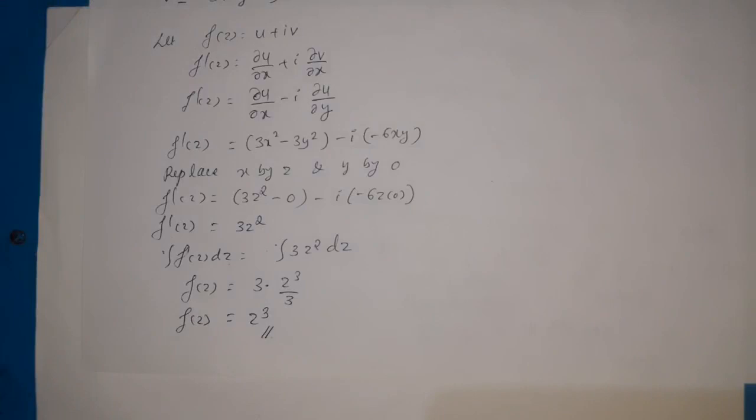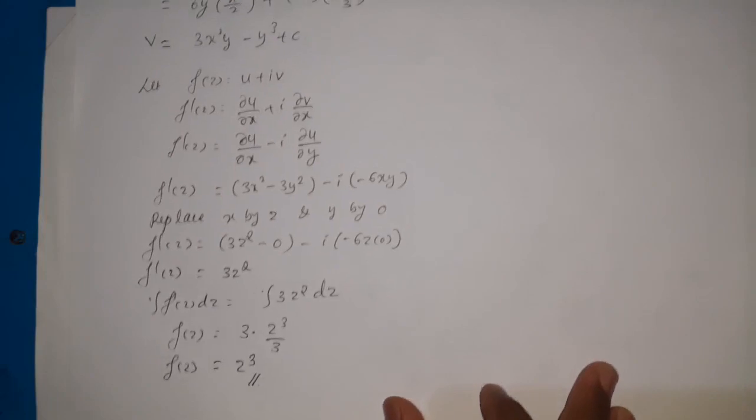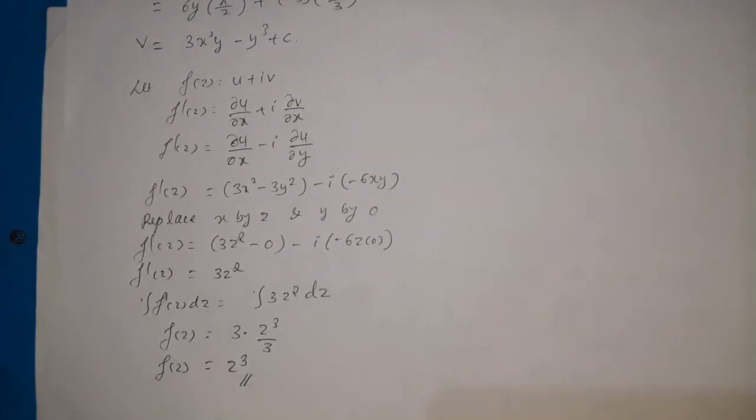Here we are not considering the constant of integration, because here we need to find f of z in terms of z only. So there is no requirement of other constants, hence we are ignoring that c. Therefore f of z equal to z cube, which is the required analytic function.